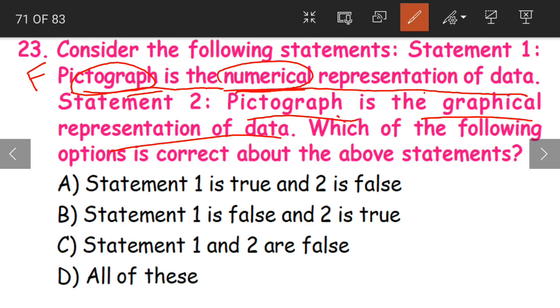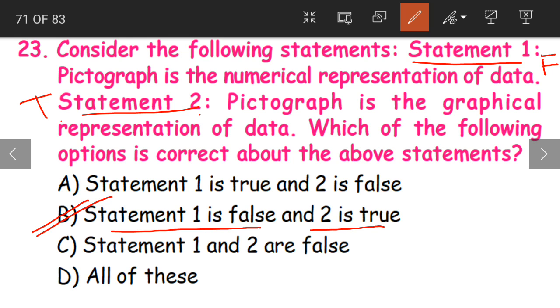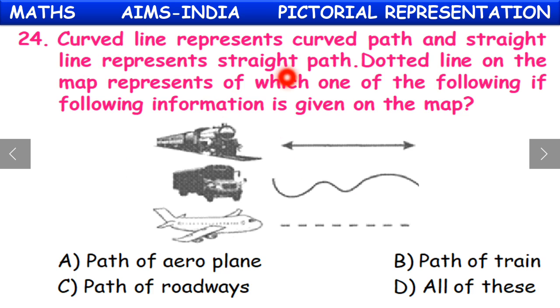Picto is picture, and graph here is nothing but the graphical representation of data. So statement 2 becomes true. Statement 1 is false and statement 2 is true. That is our option B. Now the next question: a curved line represents a curved path and a straight line represents a straight path.